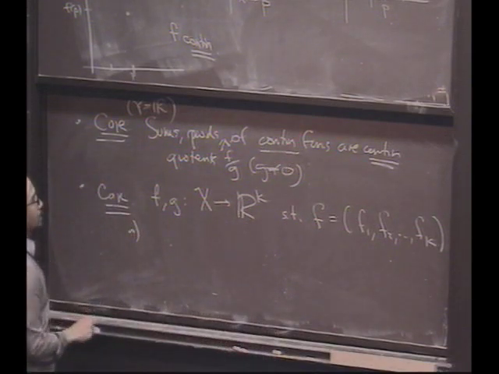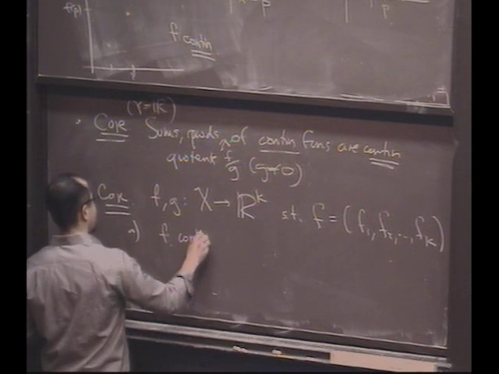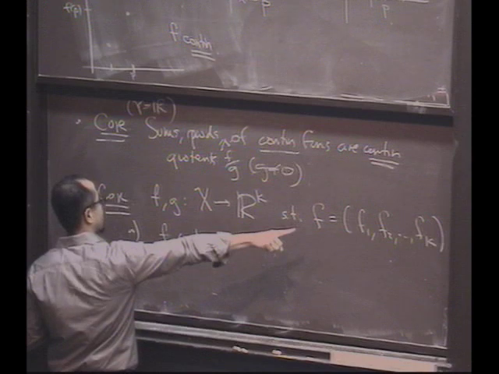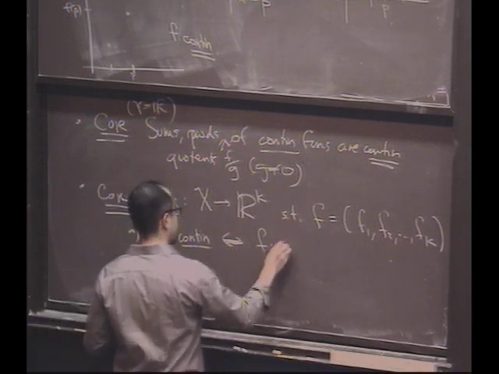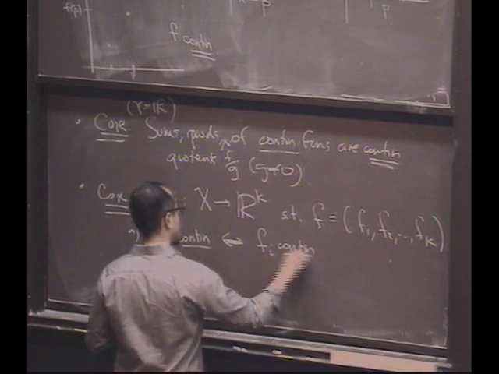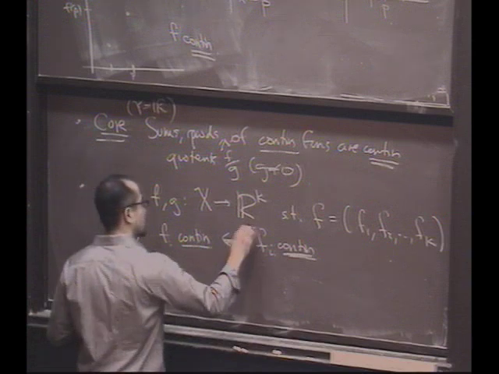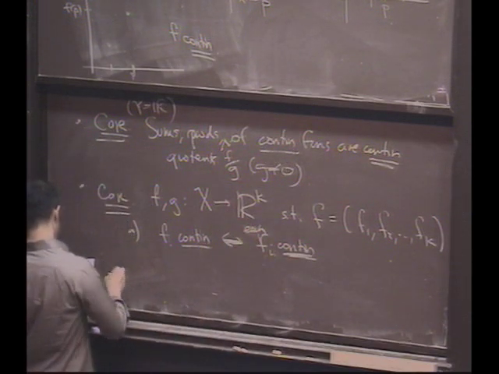Here's a theorem that's handy. I claim one way to tell if f is continuous is just to check what? If all the fi's are continuous real valued functions. Each. That's a nice little fact.